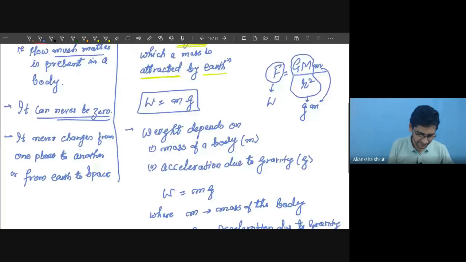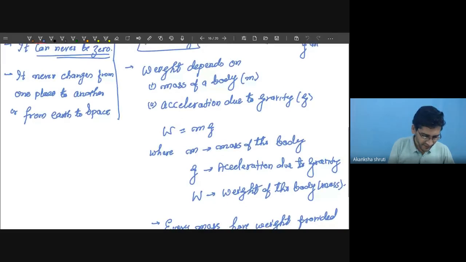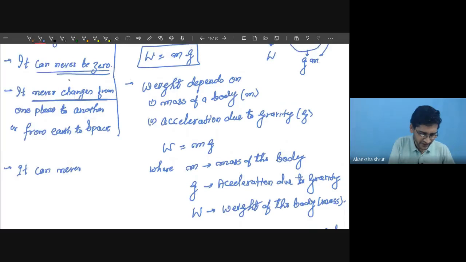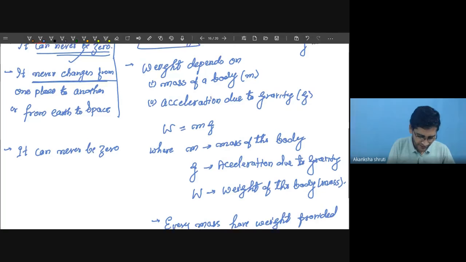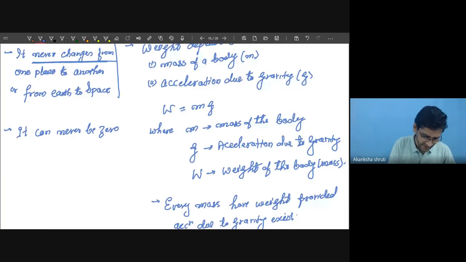So write this. Important. It never changes from place to place. It can never be 0. So it is an important thing that we have to keep in mind.